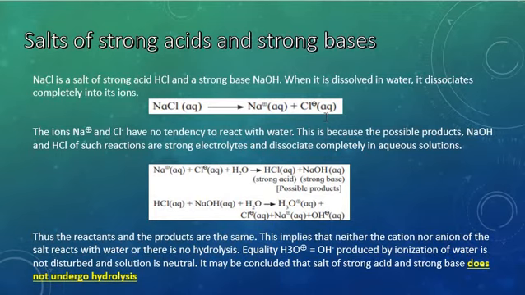Because these two ions, sodium and chloride ions, have no tendency to react with water. Why? They are strong. They do not react with water ions when they are dissolved in water.